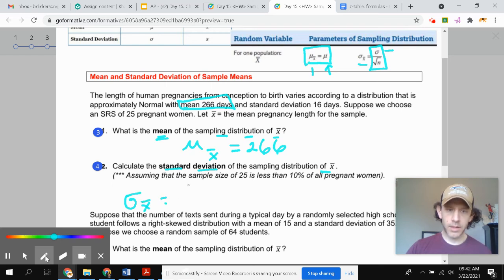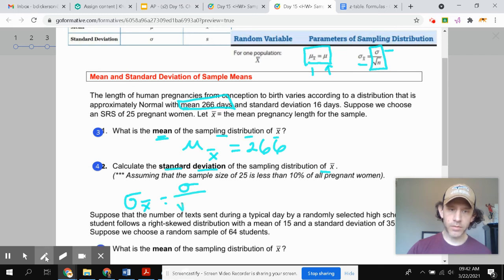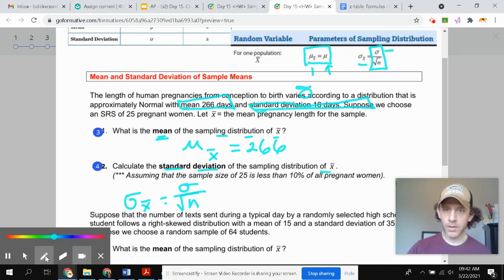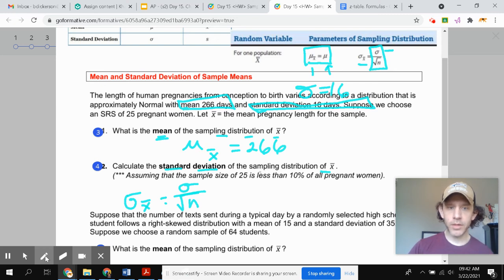We're going to get the population standard deviation and then take that all over the square root of our sample size. So what's our population standard deviation? We go into the problem and we see that our population standard deviation is 16. They already gave us that. The sample size is 25.